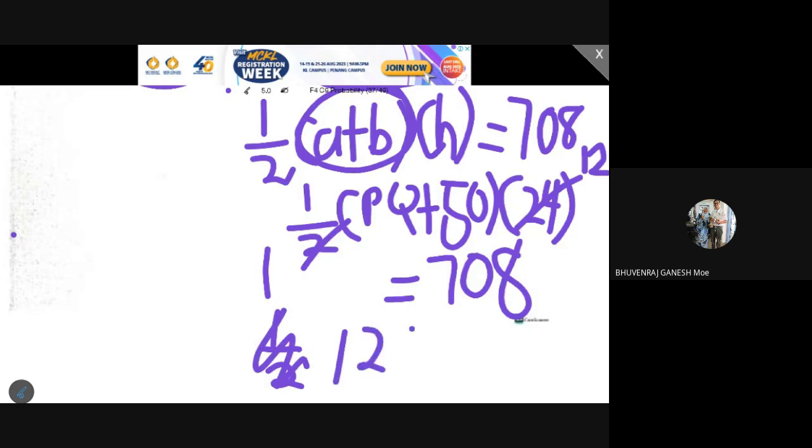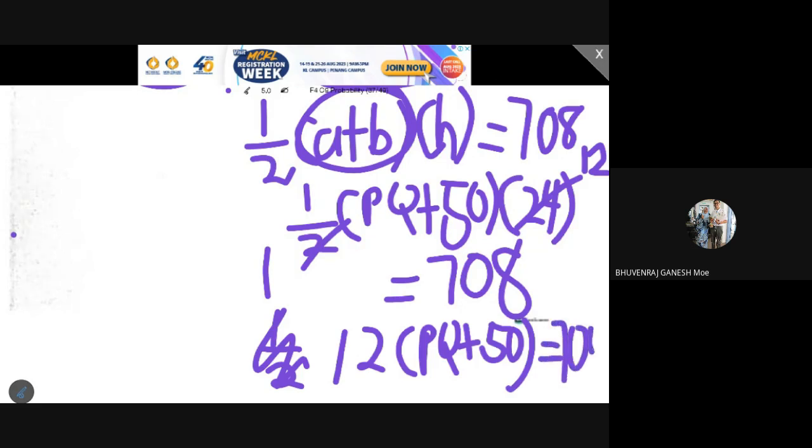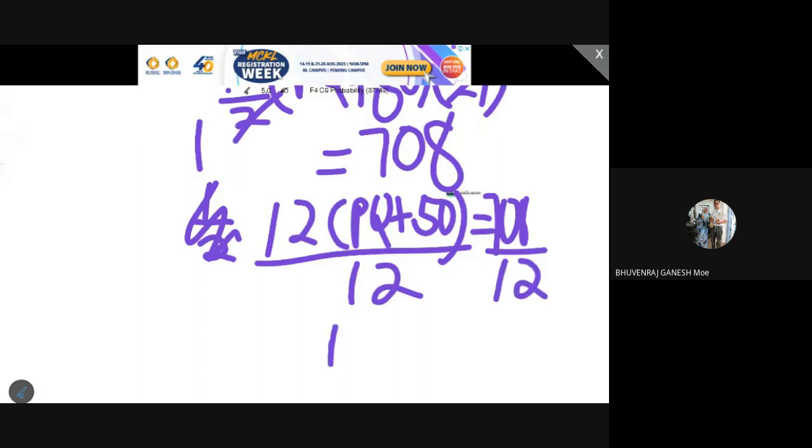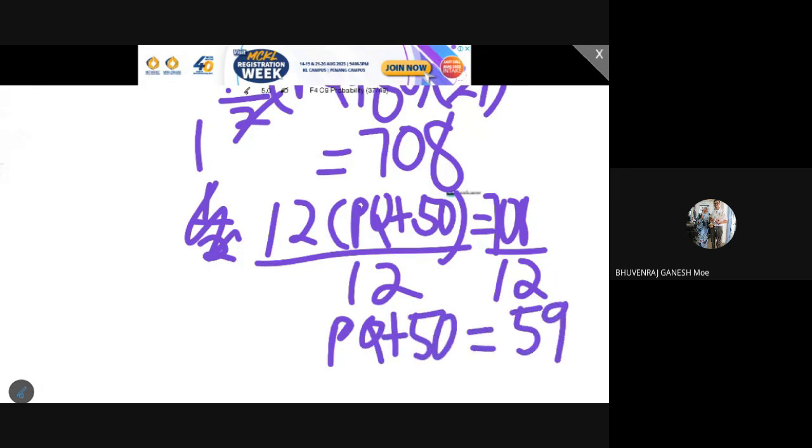You can cancel the half with 24 to become 12. So 12 times PQ plus 50 equals 708. To find PQ, divide both sides of the equation by 12. So you get PQ plus 50 equals 59. So the length of PQ is 9.